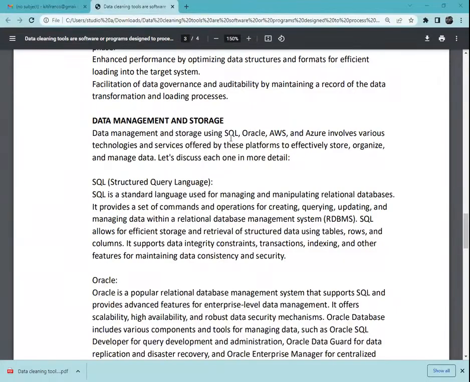Oracle, the Amazon services, AWS, very popular for storage of data, and the famous Azure, involves various technologies and the services offered by these platforms to effectively store, organize, and manage data. Let's discuss each one in more detail. We start with the Structured Query Language, SQL.